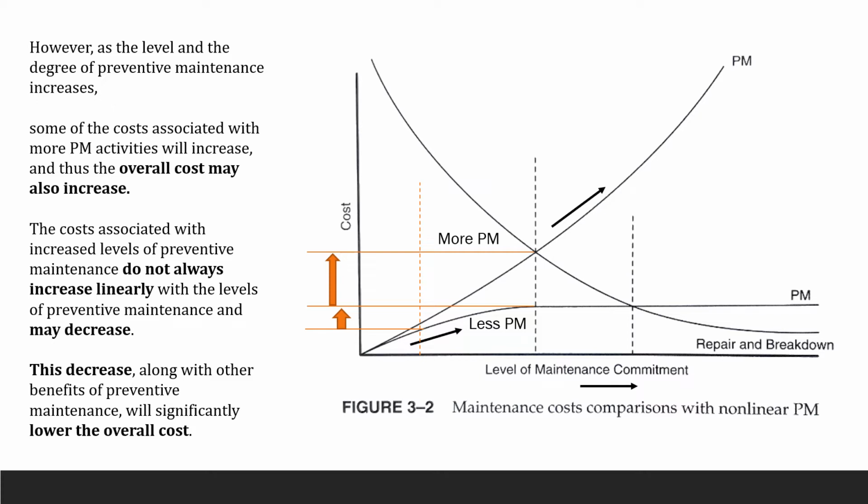So that's what you can understand when you study repair and breakdown with preventive maintenance. These lines and these intersections are what we're studying: PM, the cost for repair and breakdown, and the level of maintenance commitment.